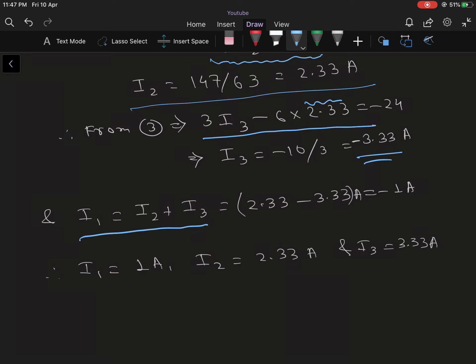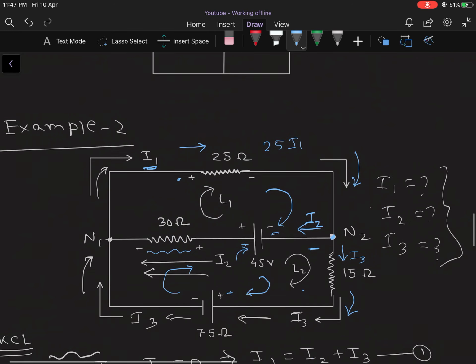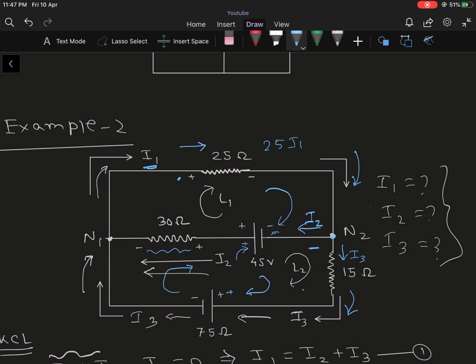Now let us use equation 1, that is I1 is equal to I2 plus I3. It will give us I1 as minus 1 ampere. That means I1 will be 1 ampere, I2 will be 2.33 ampere and I3 will be 3.33 ampere. The thing is that we have to change the direction of I1 and I3.